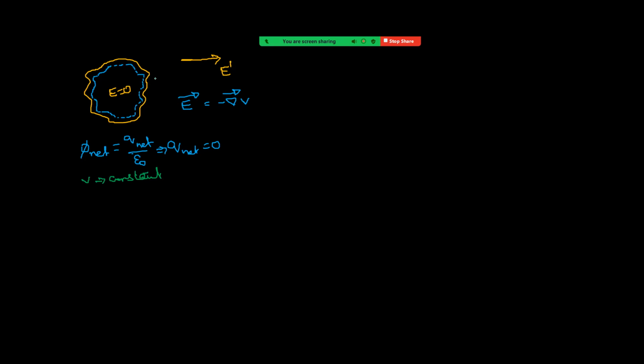Now take this point here. On the surface also potential is a constant. From that, what we can say is the field must be normal at each and every point. See why it is normal.